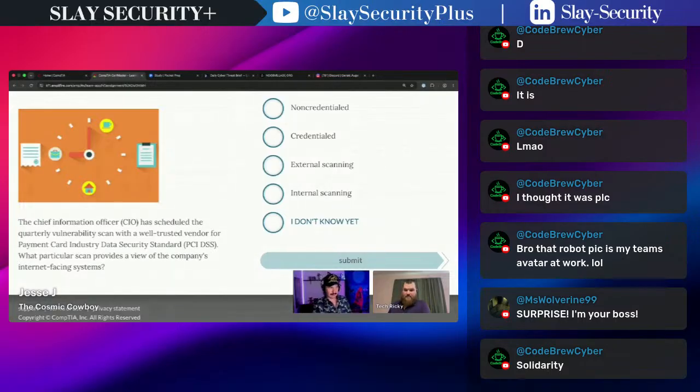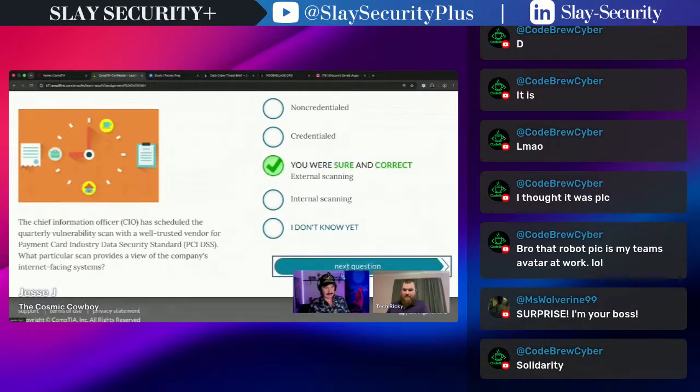A non-credentialed scan can be internal. You just didn't give it credentials. A credentialed scan will give you everything that you can see internally. So an internal scan, internet facing. I think external scanning is the only answer here. Send it.